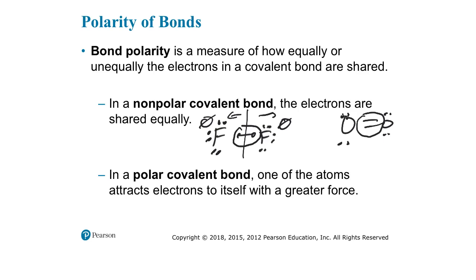So in a polar covalent bond, one of the atoms attracts the electrons closer towards itself with a greater force. So if we think of HF as an example, we can draw the Lewis structure very easily. So one electron in the Lewis structure is closer to H, one closer to F in terms of the Lewis structure. Formal charge says, assume that that bond's perfectly, and equally shared.